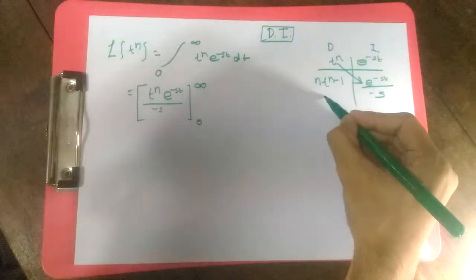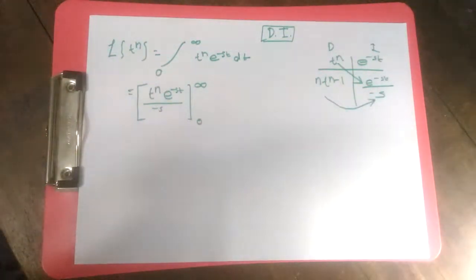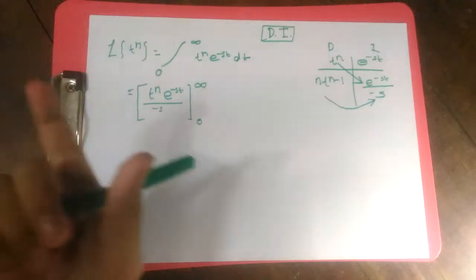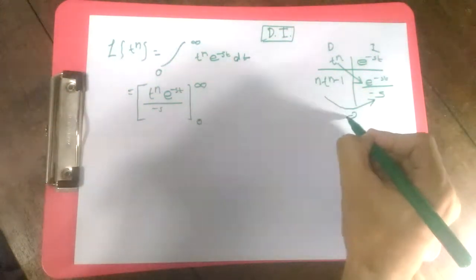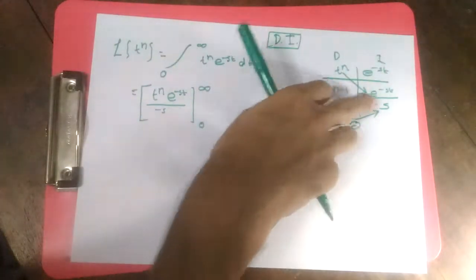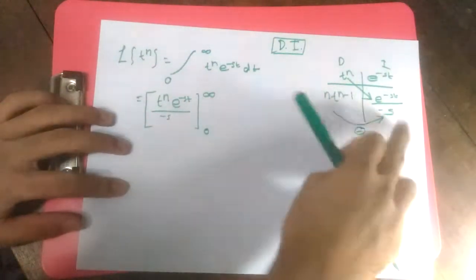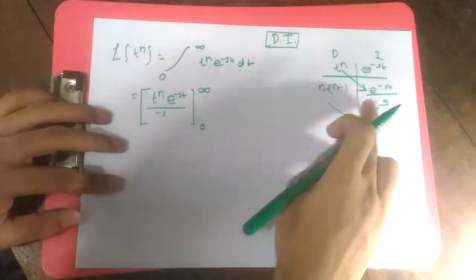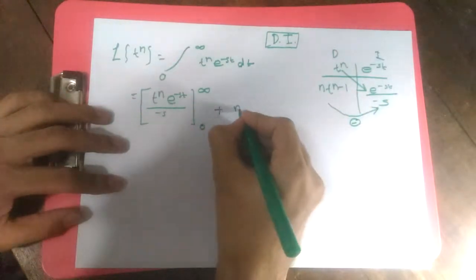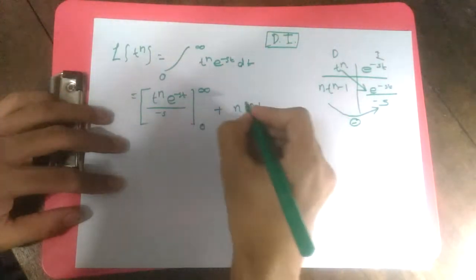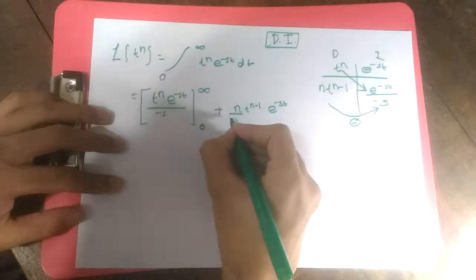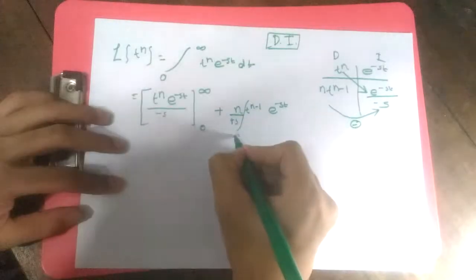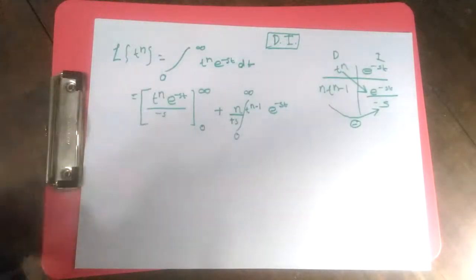And then my second integral, because in integration by parts there is an evaluation and then another integral, is the multiplication of these two terms with a minus sign, so minus minus cancels out with plus, and n t to the n minus 1 e to the power minus st over s, with the integration from 0 to infinity.